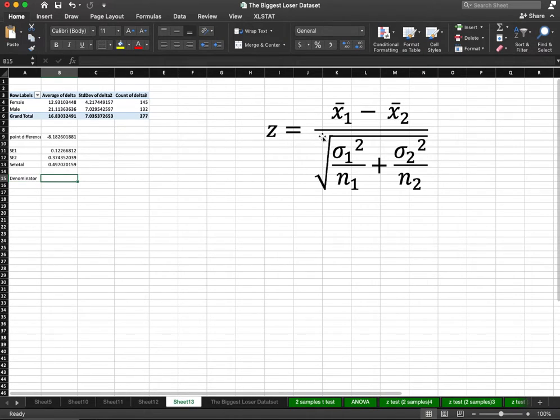So that's everything under this line, which is equal to the square root, SQRT, of those values. Great. Now I need to divide my point difference by this value. So my Z score is equal to this divided by this, which is equal to 11.6.